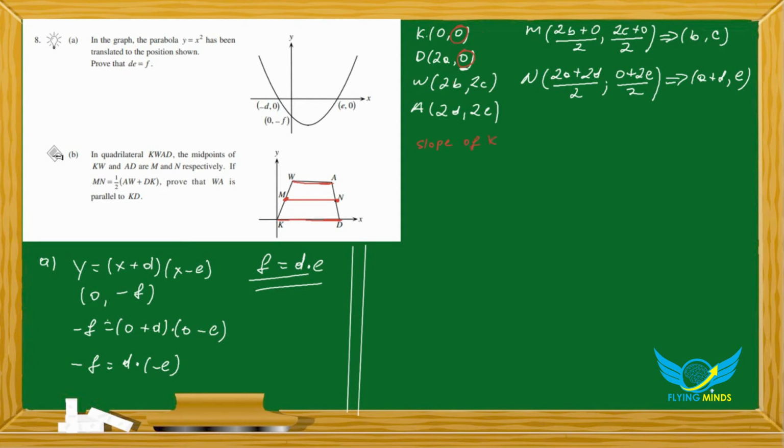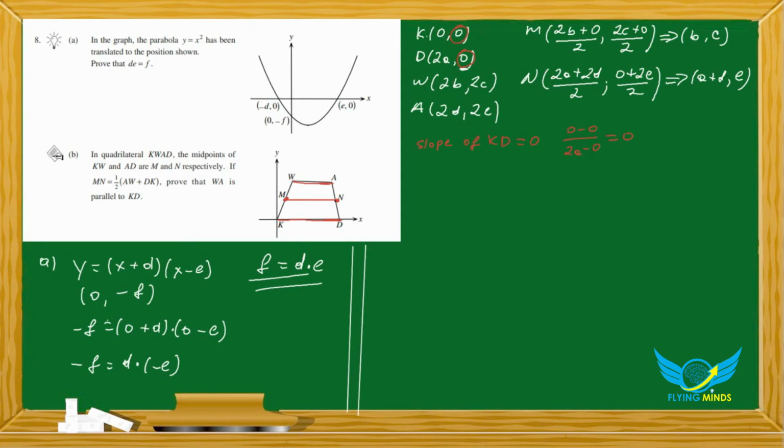How do we calculate slope? It's rise over run, so it's 0 minus 0 over 2a minus 0, which equals 0. So the slope of KD is 0.